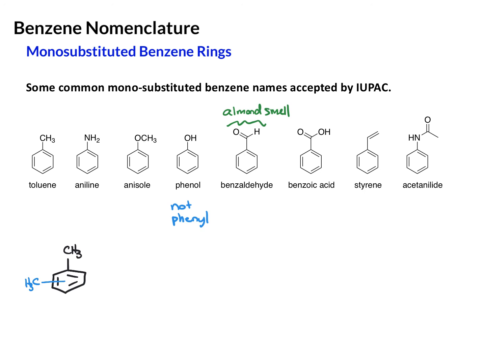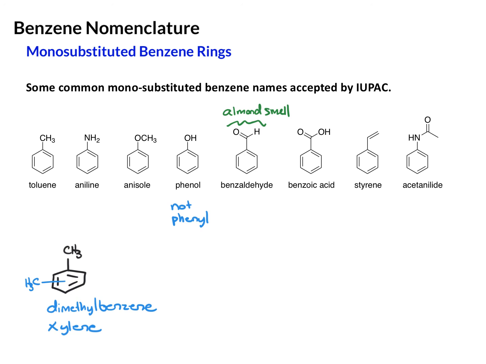So this is essentially dimethylbenzene. The common name for this is xylene. And as we'll see in a bit, there's a way to describe the start of the name to tell the reader where the second group is attached.